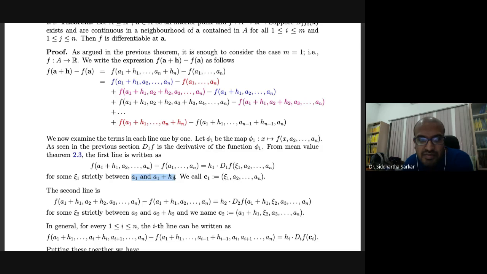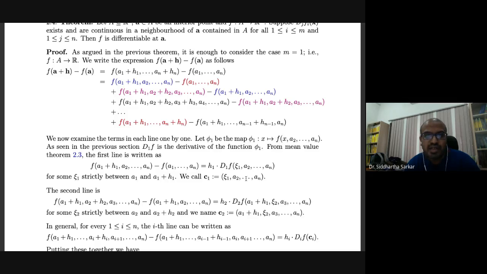Well, you have to be careful over here because I don't know what h1 is. It could be either positive or negative. So if h1 is positive, you are looking into the interval a1 to a1 plus h1, and within this, the function is continuous and differentiable.